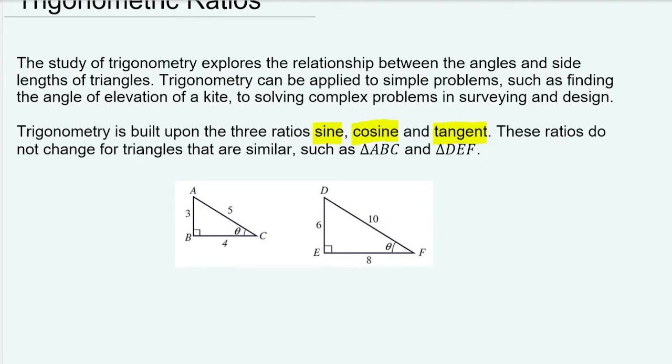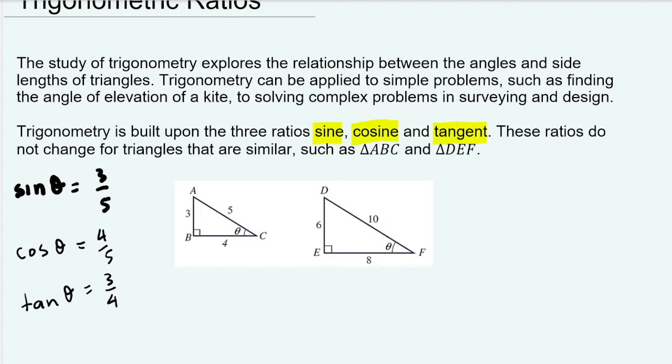So if we look at our triangle there, A, B, C, sine theta is 3/5, so opposite over hypotenuse. Cos theta is 4/5. And tan theta is 3/4. Now that's based on how our ratios work.